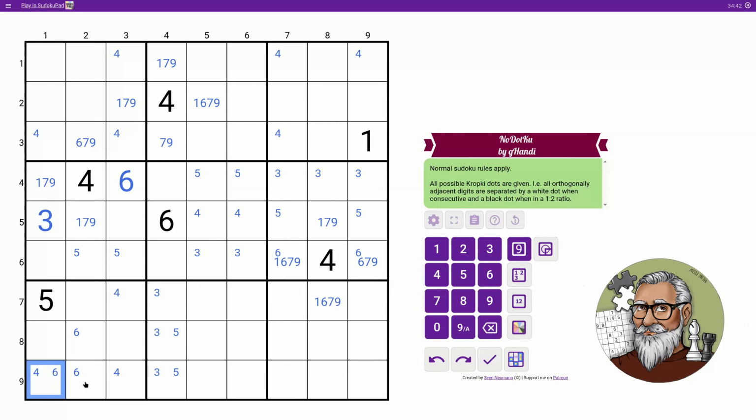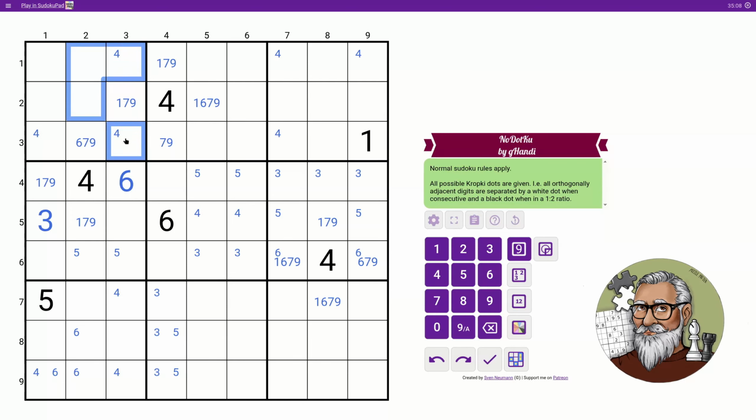More tea. I don't know if this is within my abilities. Three.